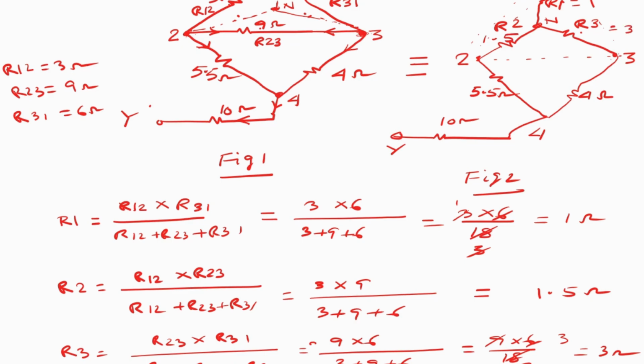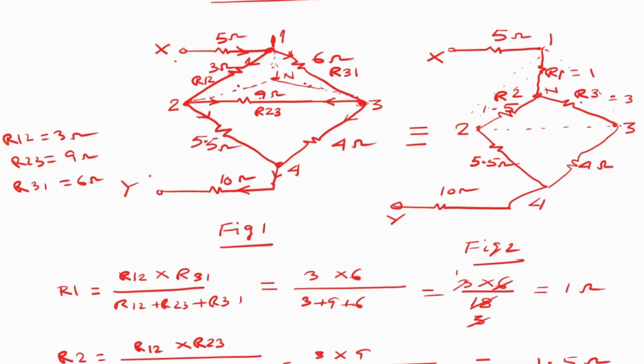So now, how will you calculate the total equivalent resistance? Again, think that there is a current source present at the XY terminals, so current enters into terminal X, passes through the 5 ohm resistor and reaches junction 1. At junction 1, the same current passes through the R1 resistance.